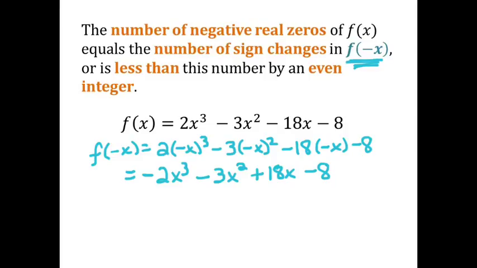Now let's count the sign changes. My first term is negative, and my second term is negative, so no sign change. But my third term is positive. So notice right here I've changed from negative to positive. And then my last term is back to negative again, and there's another sign change. So in this case, I've got 2 sign changes, which would imply 2 negative real zeros.